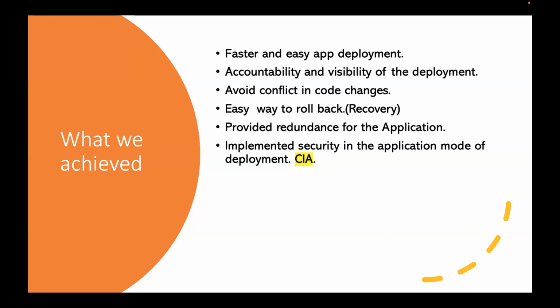We provided redundancy for the application. Like I mentioned, Prod A and Prod B are the same. If Prod A goes down, Prod B comes up and stays online to provide services. We implemented security in the mode of deployment.